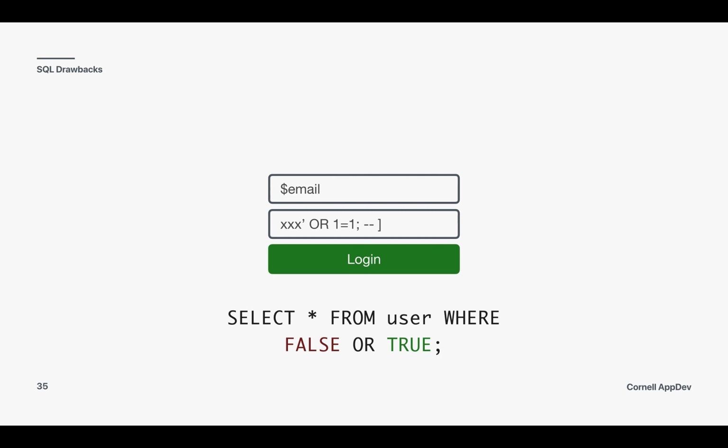So now we're left with select everything from user where false or true, but false or true will evaluate to true. So now suddenly we have a very scary query for anyone to write, where select everything from user where true, which will essentially give back all of the information in the user table completely, thus giving this malicious user complete access to the database and seeing all the information present in this very precious user table.